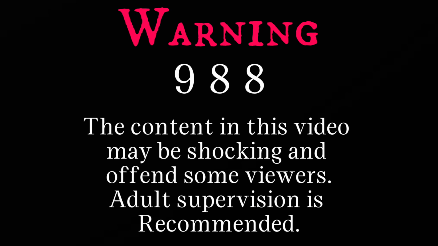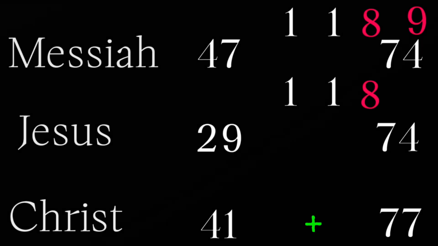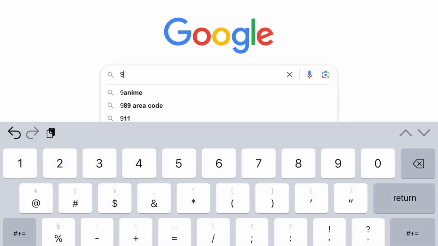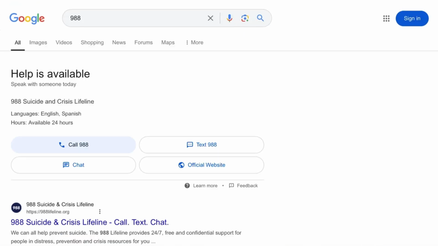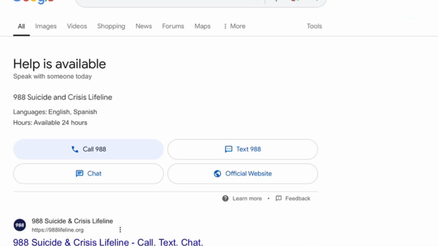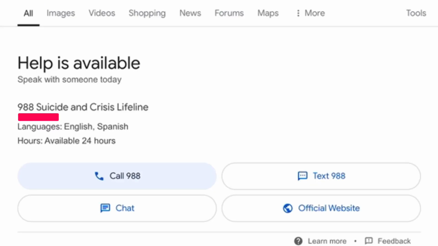Warning 988. We get middle and total chapters from 988. Eight is H, life and death, and the ones represent the gates. 9 is I, him, Christ Jesus.